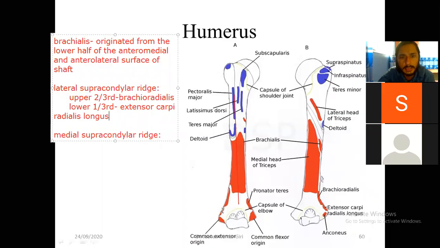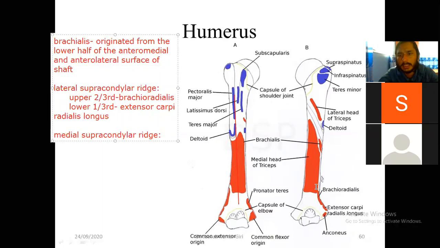In the exam, if they ask the origin of the brachioradialis, you have to write: the origin is from the upper 2/3 of the lateral supracondylar ridge of the humerus. Similarly, from the lower 1/3 of the lateral supracondylar ridge of the humerus there is the origin of the extensor carpi radialis longus.